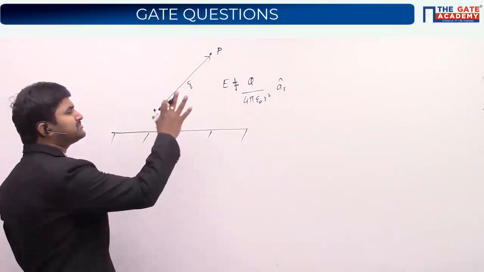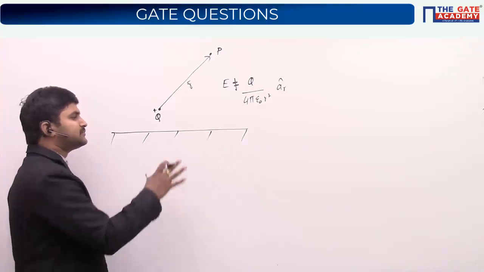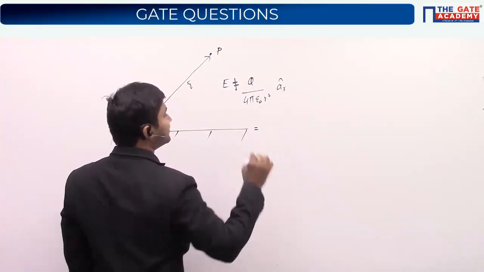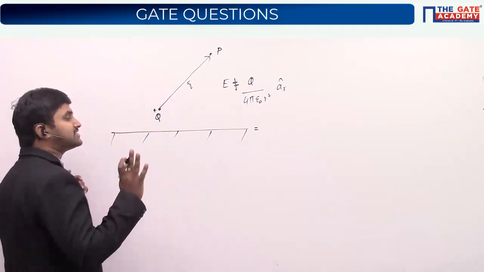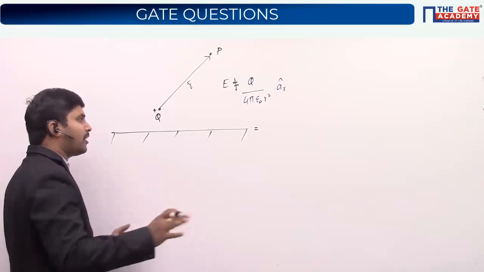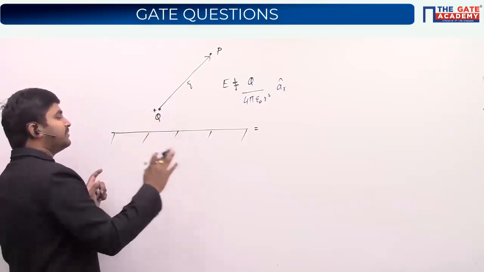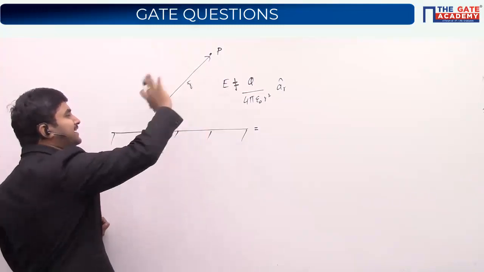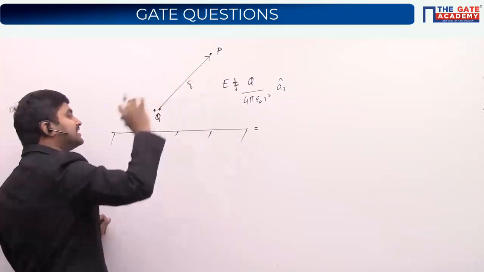Now this is a problem statement for us. This problem has been simplified by the scientist called Kelvin. Whenever you have a problem like this, with a charge and a metallic area nearby, the field pattern will be completely different from what we had earlier.